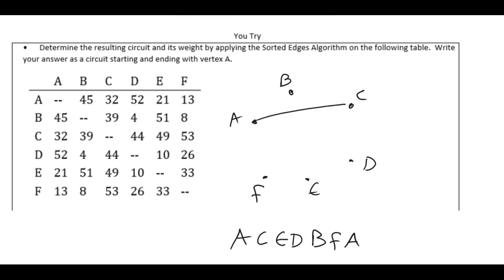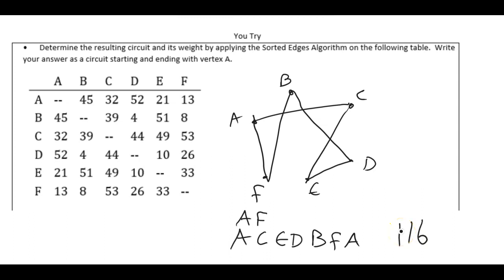It would look like this. And the minimum weight, 116. Again, you can write this in reverse if you'd like, and it'll still get you full credit because it starts and ends with A, which is the instruction set that you are given. All right, I hope this helps.